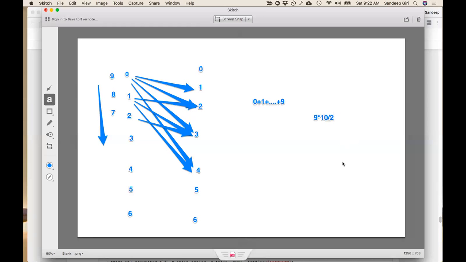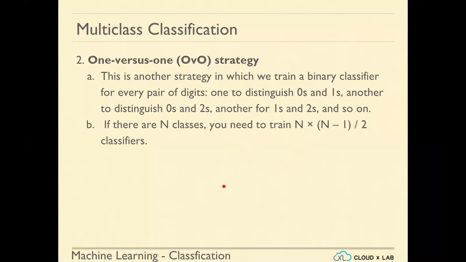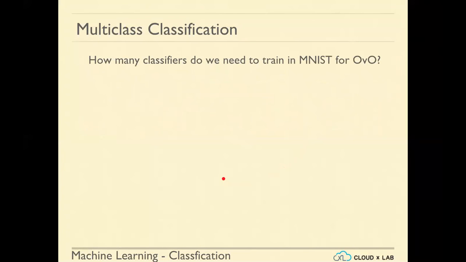All right. So these many classifiers are going to train. So for one versus one, quickly, how many classifiers will be there?